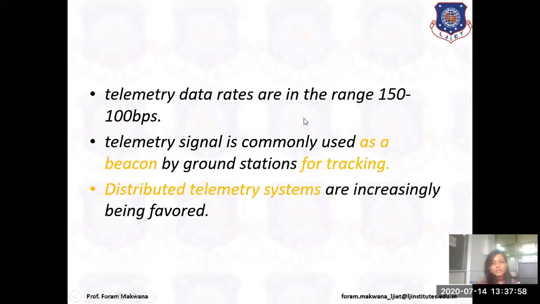Now these data rates are in the range of 100 to 150 bits per second. This telemetry signal is commonly used as a beacon by a ground station for tracking.